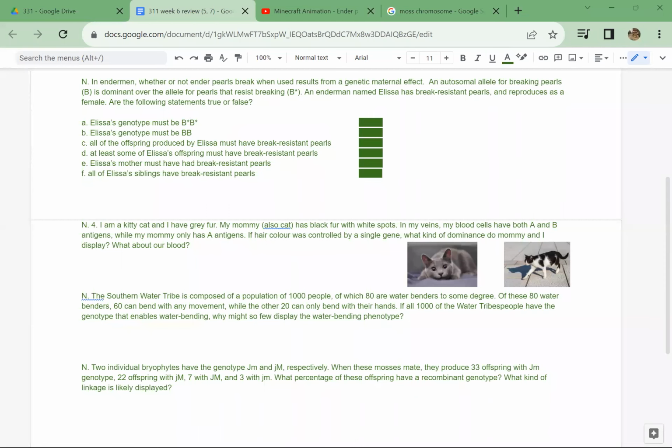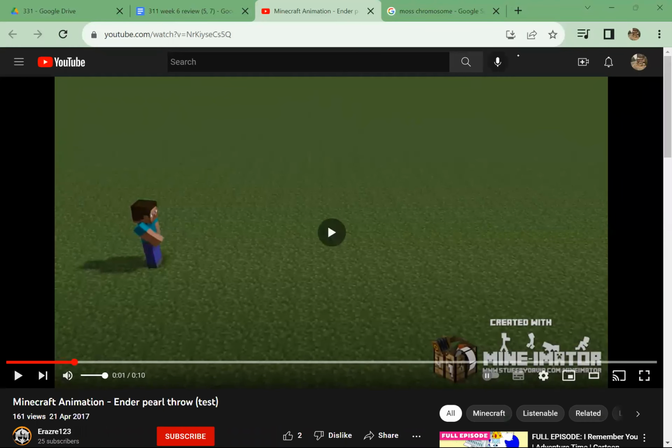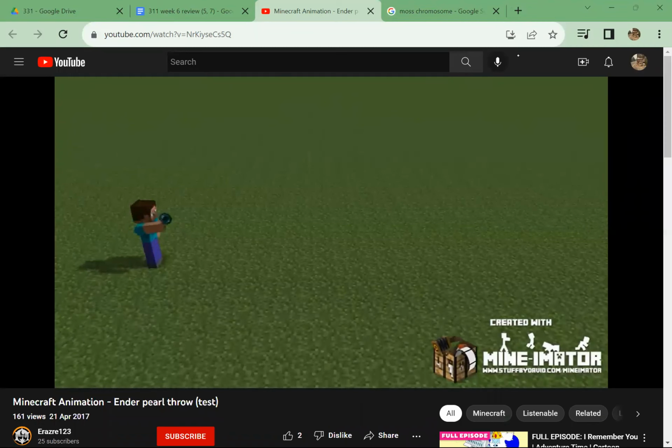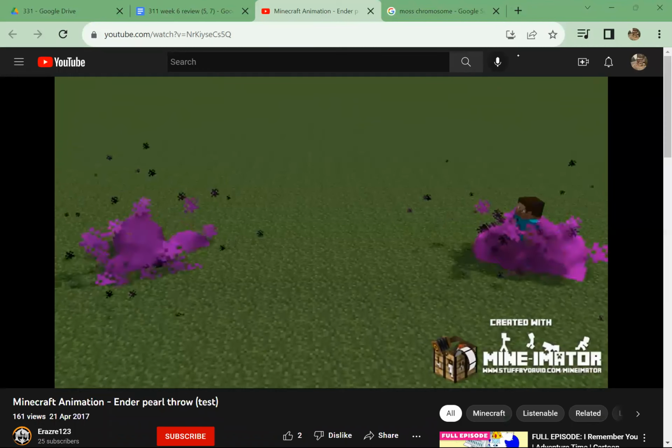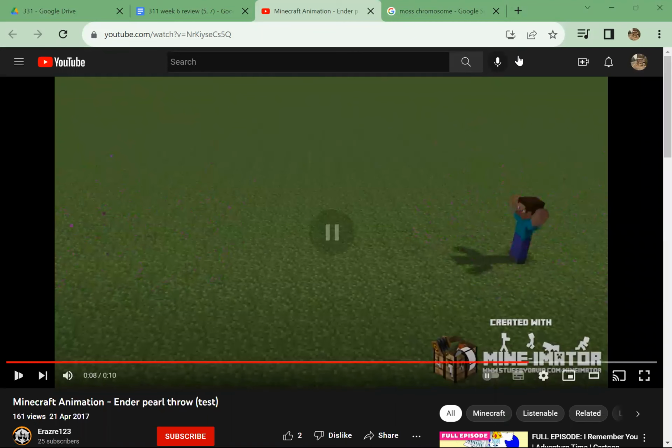So in Enderman, whether or not Ender pearls break when used results from a genetic maternal effect. So Endermen are these monsters, and they throw what are called Ender pearls, and those help you teleport. You throw them, and wherever it lands, you will travel to instantly.